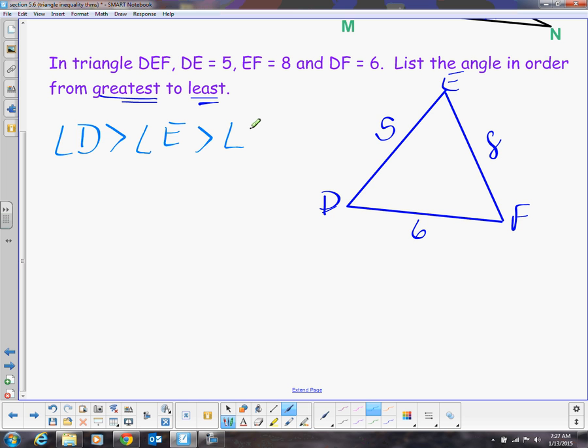Because it's opposite our 5. And does it make sense that if you've got a really wide angle, whatever's connecting that has got to be bigger than what's connecting a smaller opening? Intuitively, does that kind of make sense?